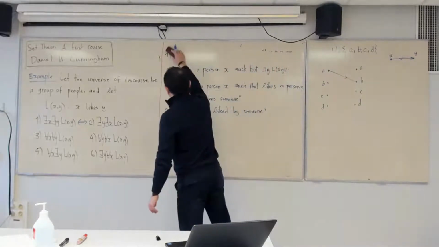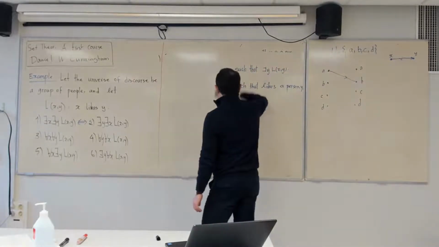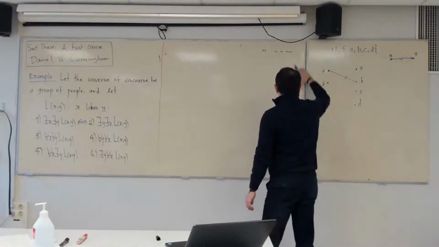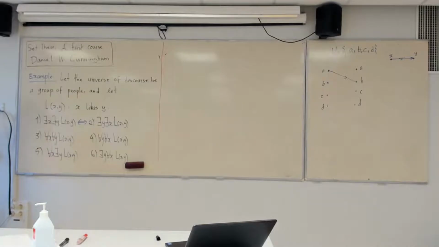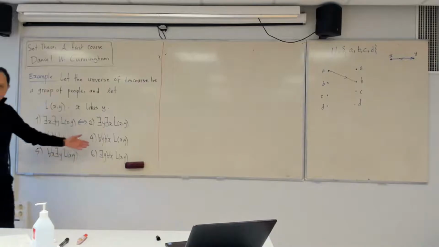Okay, so let me clean this. Okay, so what is this one? And so this is probably the ideal society for humans, yes. Everyone likes everyone, yes. This is the meaning.